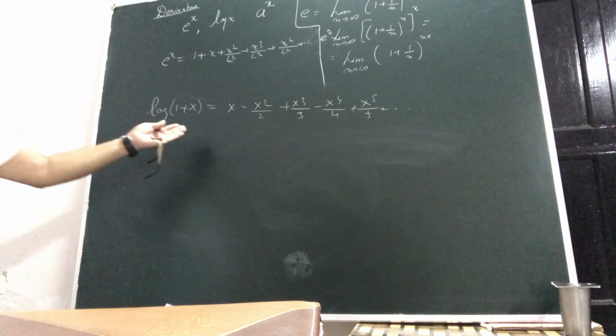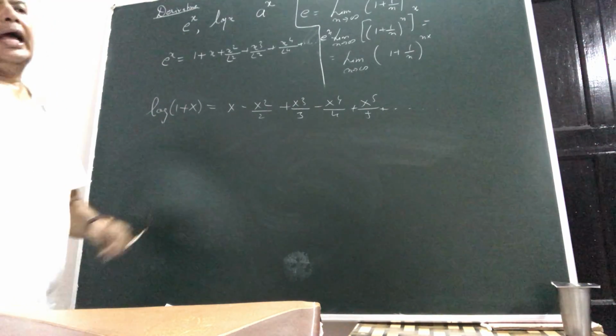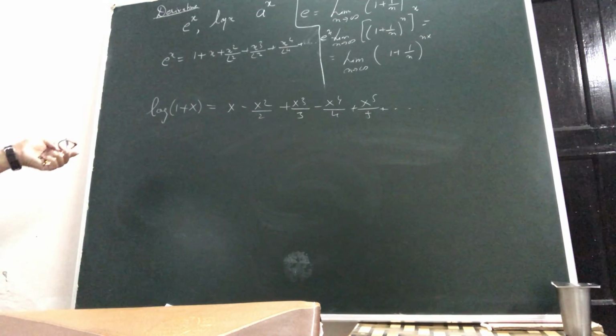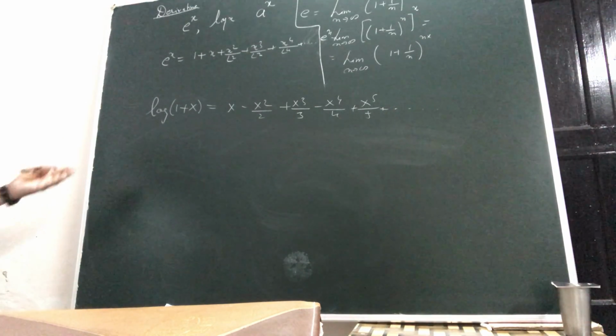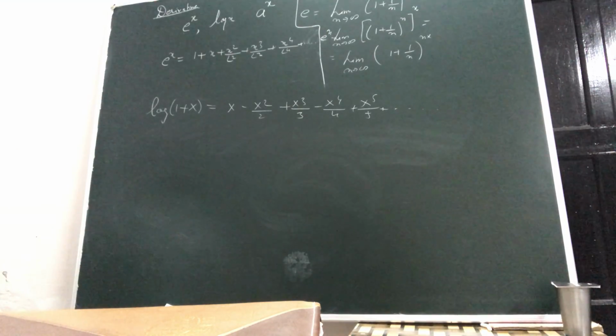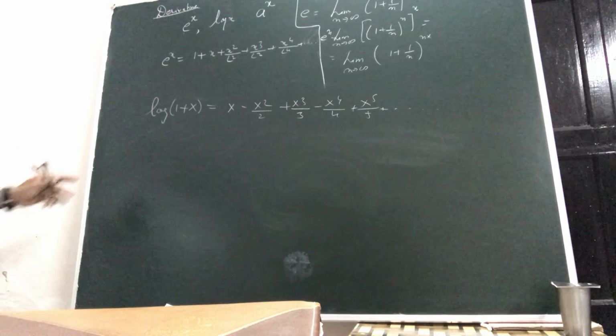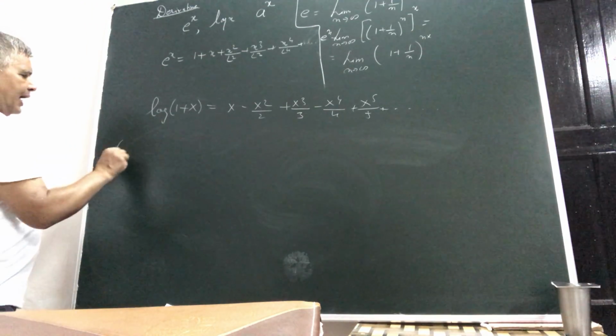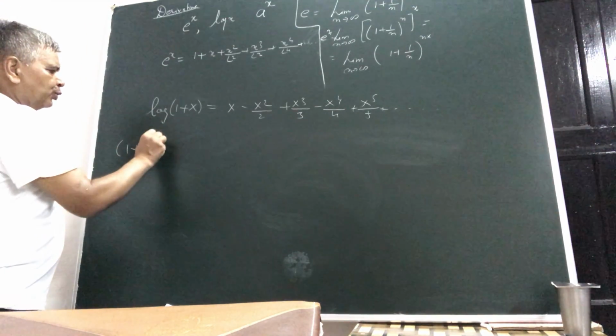How we get the expansion of this thing is another story, because therein again we will employ the definition. We will try to expand 1 plus x raised to power n in 2 ways.